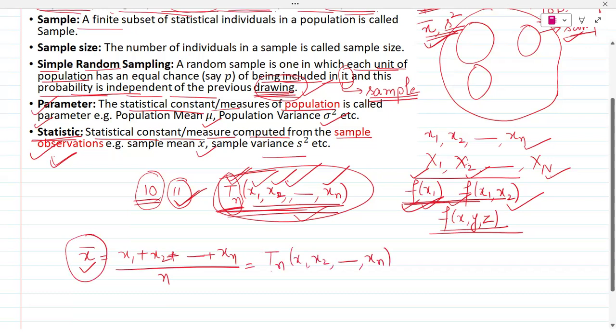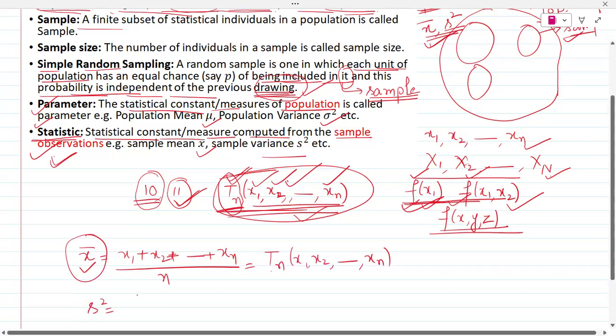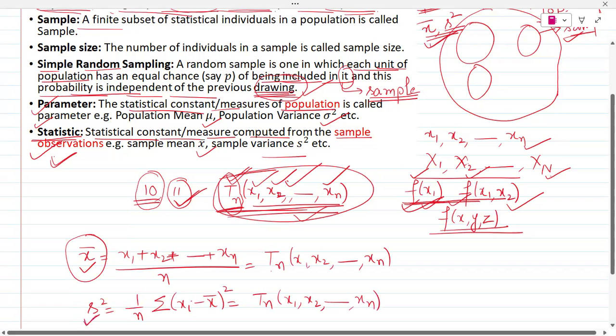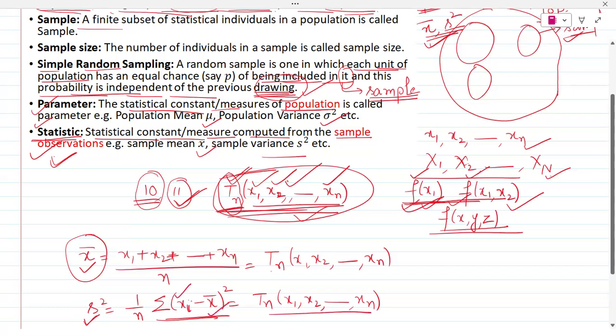Now, s square is 1 by n summation of (xi minus x bar) squared. Even this is a function of sample observations, because the value of s square depends upon the xi's, and even x bar further depends upon the xi's, the sample observations.